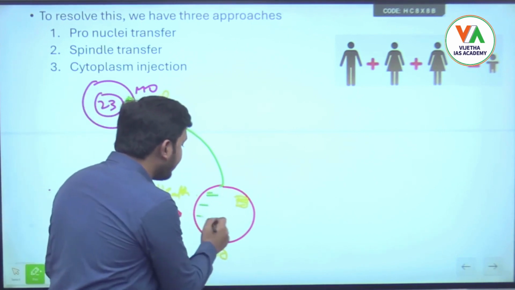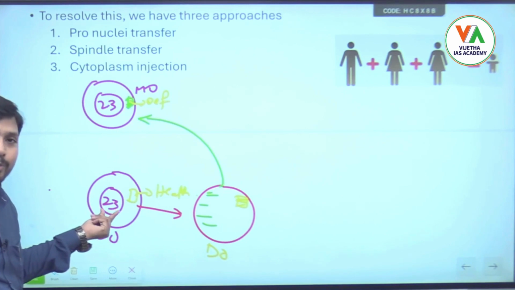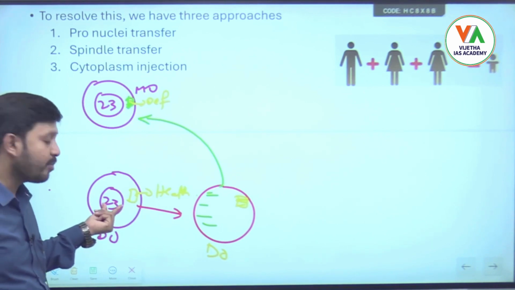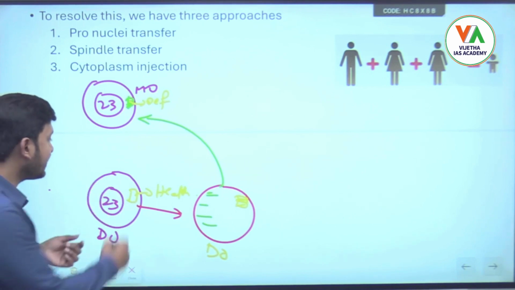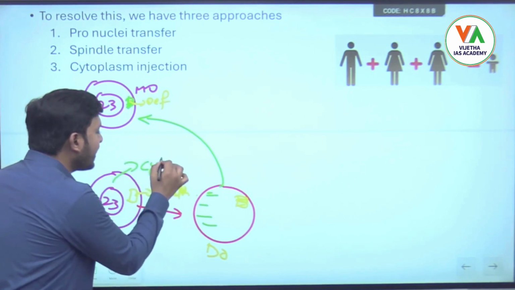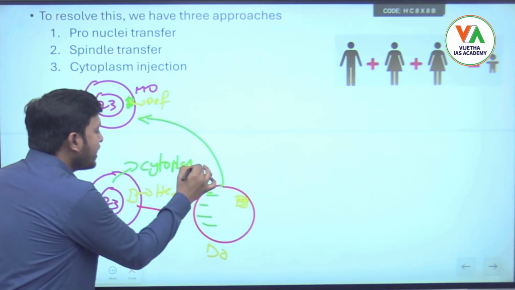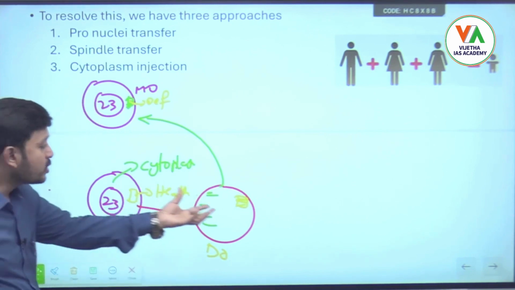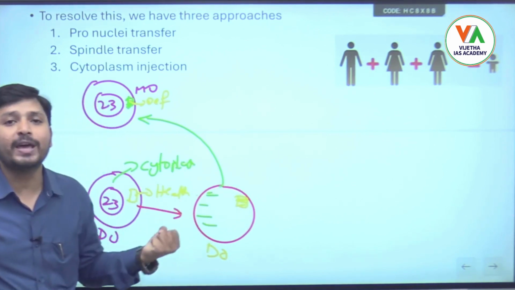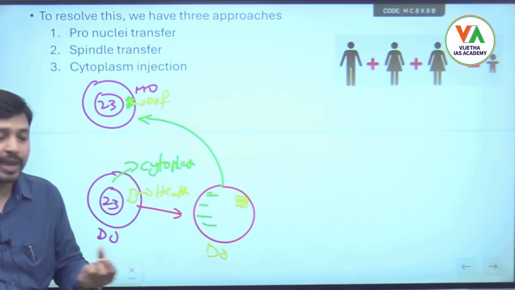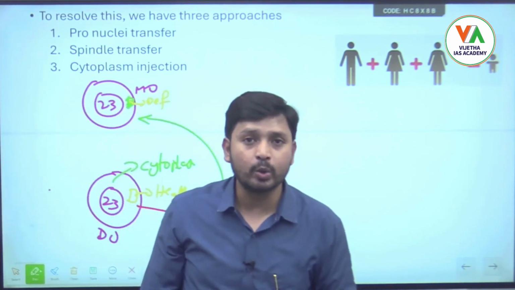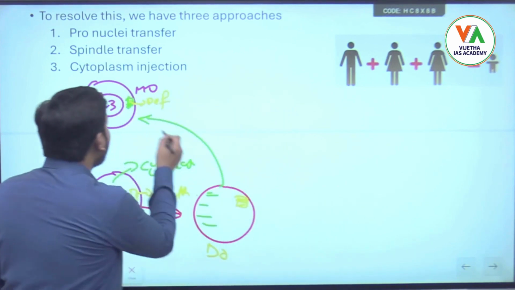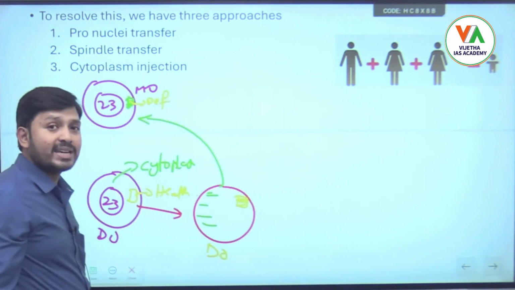Because once I have removed these 23 chromosomes, whatever is there here is nothing but cytoplasm. I will remove this cytoplasm along with the mitochondria of the donor. The entire thing will be transferred back into this mother's ovum.